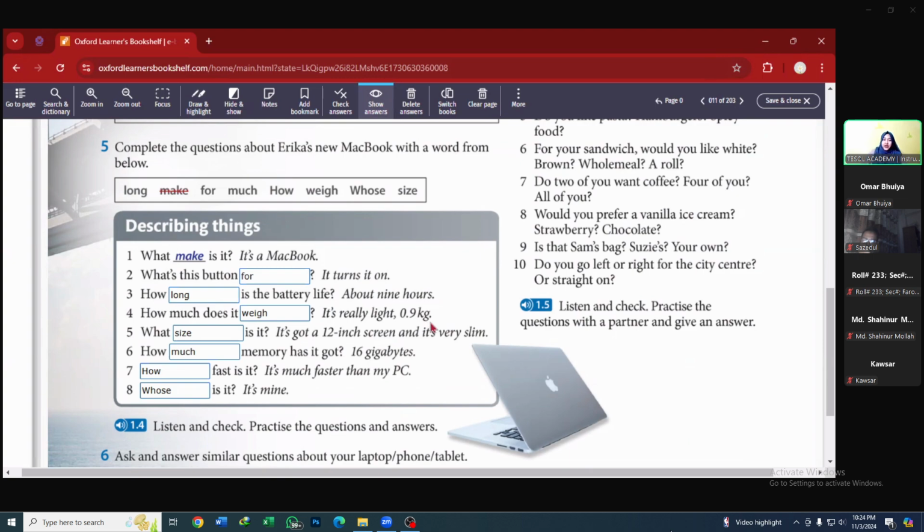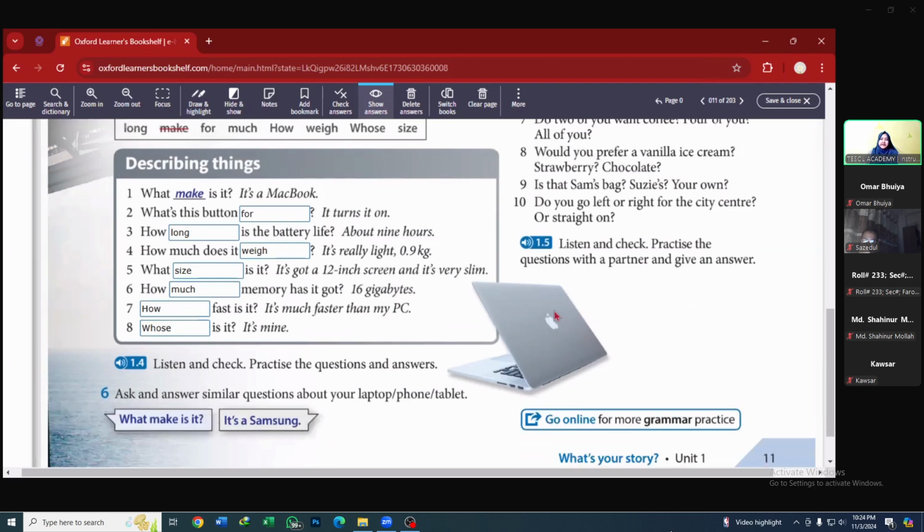Okay, so moving on. Now that we completed activity 5, I think it will be easier for you to describe some things of yours, especially gadgets, because we just spoke about her MacBook, that is her laptop. Let's put our lessons into practical use. We can now talk about our gadget.